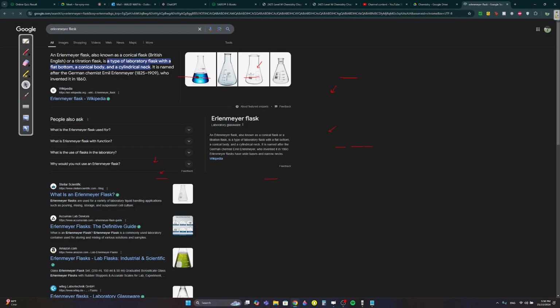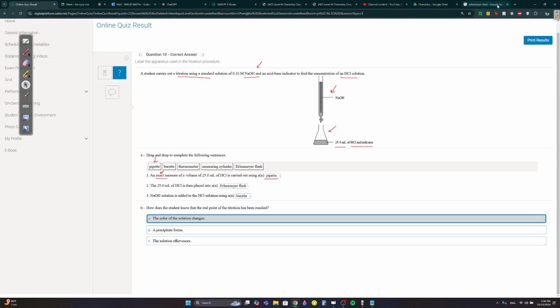Yeah. Okay. So Erlenmeyer flask is the same as a conical flask. Call it a conical flask. It's way better. Don't say volumetric flask. Please say conical flask or Erlenmeyer flask. Anyway, I call it conical flask.